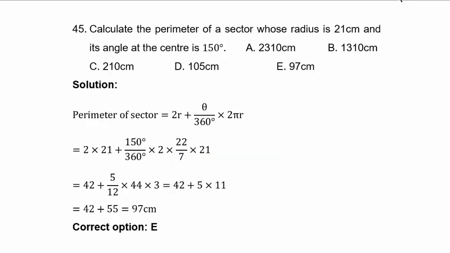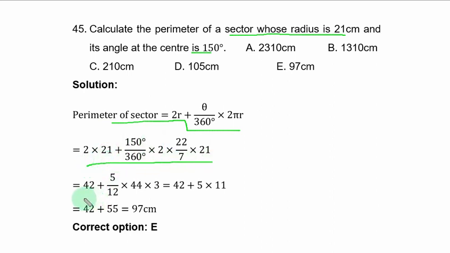Question 45. Calculate the perimeter of a sector whose radius is 21 cm and its angle at center is 150 degrees. This is the formula for the perimeter of a sector. You replace r with 21 and theta by 150 degrees in this form.